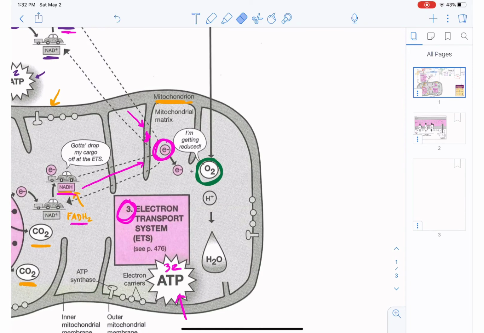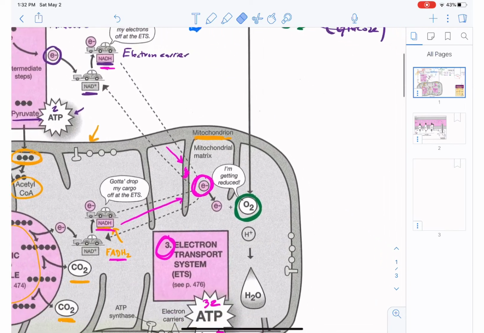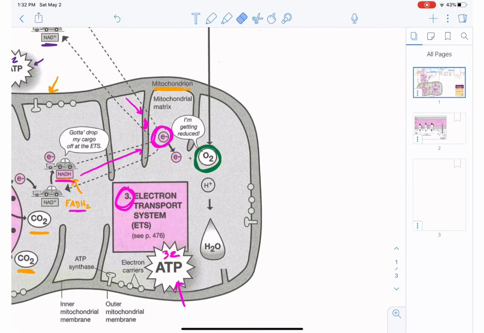And when you have oxygen involved, that is called an aerobic reaction. And the fact that it's an aerobic reaction is what's going to allow us to produce all of these ATP molecules. Aerobic reactions can produce much more ATP than anaerobic reactions.